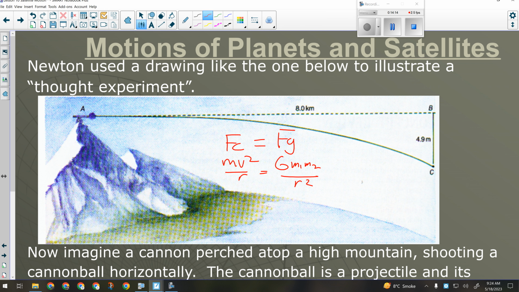And as we said yesterday, one of those masses cancels. Okay? And it is the mass of the satellite. The orbiting mass is the one that cancels. The central mass stays. Okay? And the reason for that is this is the mass that moves in the circle in this formula. So that has to be the satellite, and it will cancel off both sides.